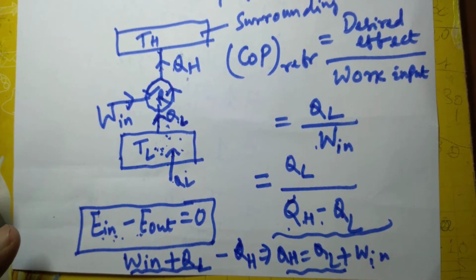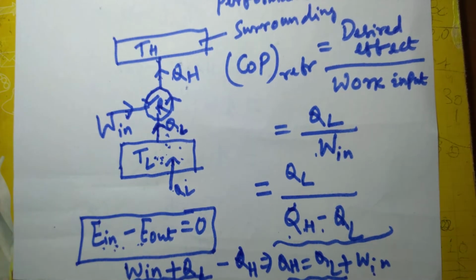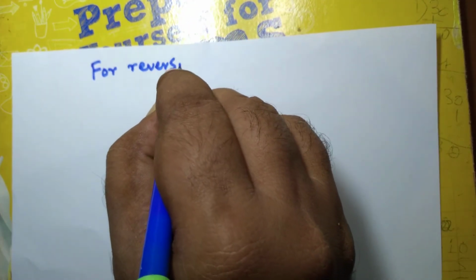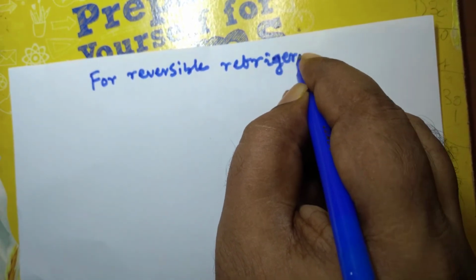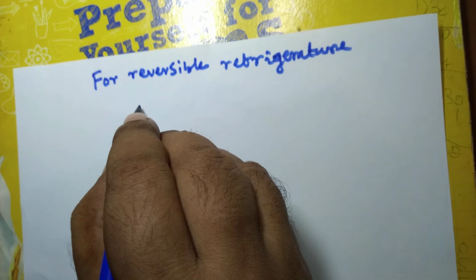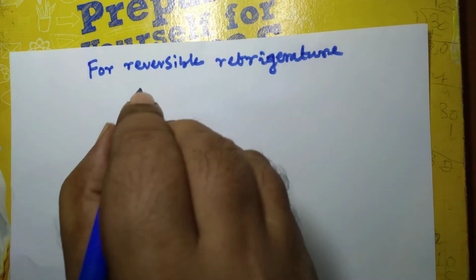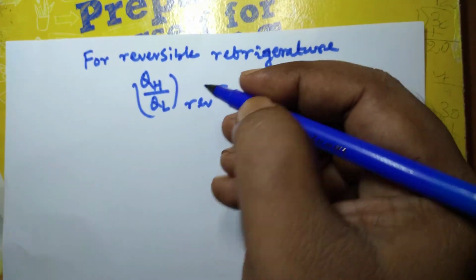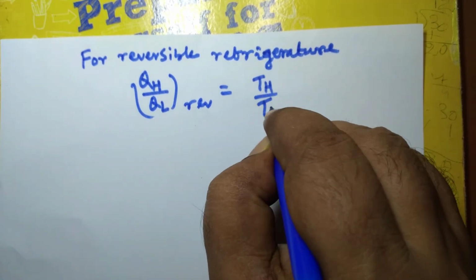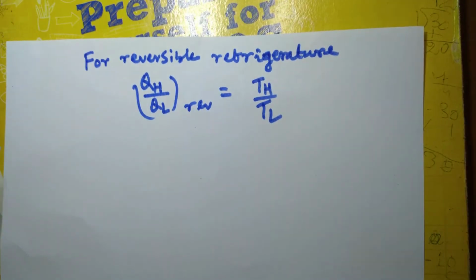But what happens if the refrigerator is reversible? For a reversible refrigerator, according to the thermodynamic temperature scale, we have already discussed that QH by QL is equal to TH by TL, where TH and TL are the absolute temperatures of source and sink.